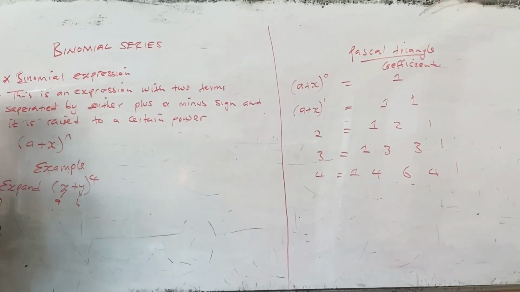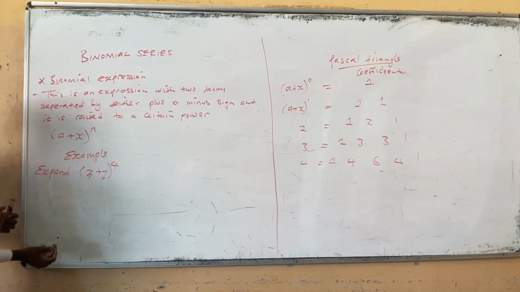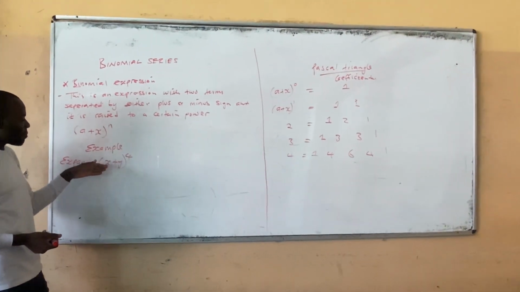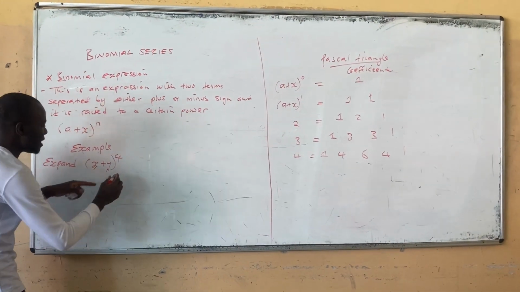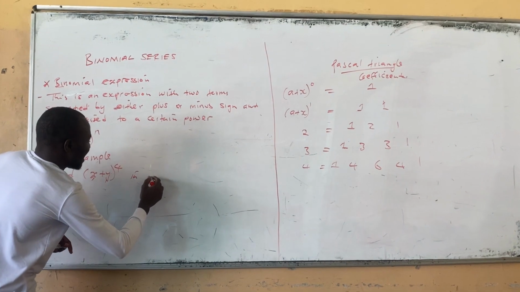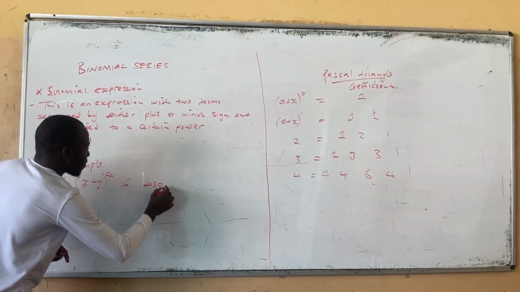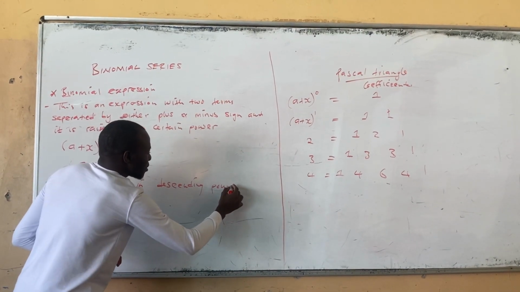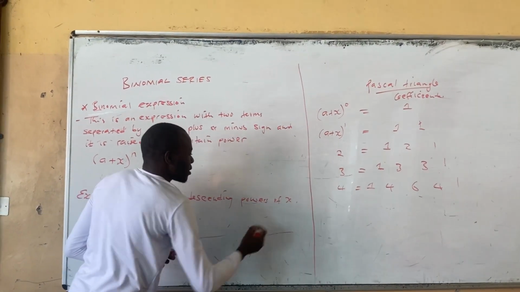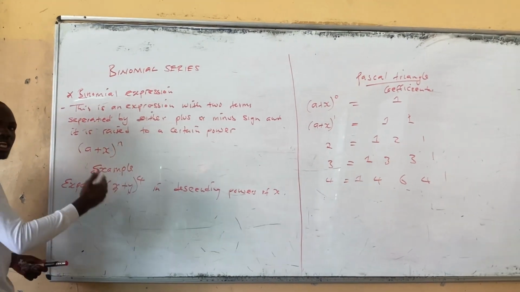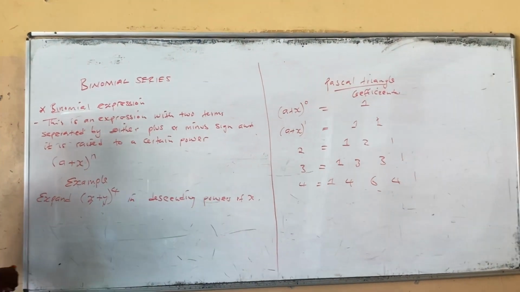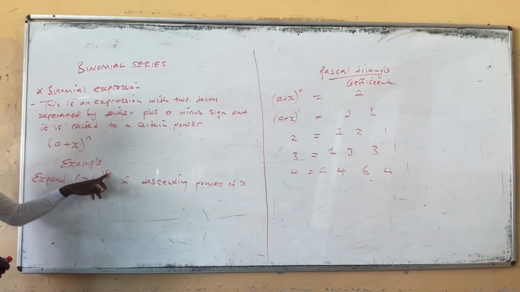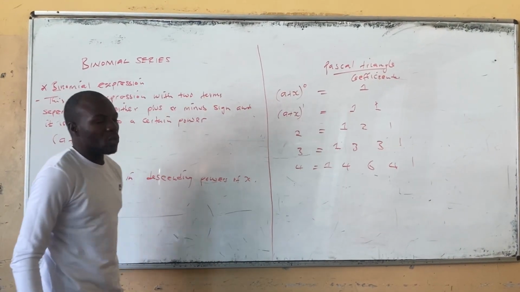Here you can choose if they don't specify in the question, but sometimes they will specify, for example, expand this one in descending powers of x. It means x will be decreasing in terms of the powers, then the other one will be increasing. Since the power here is 4, these are the coefficients which we're supposed to use there.